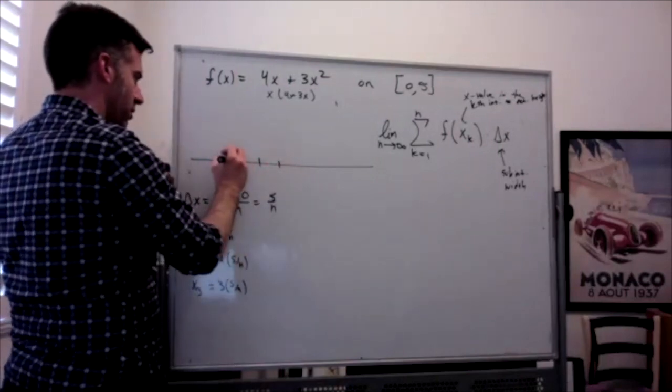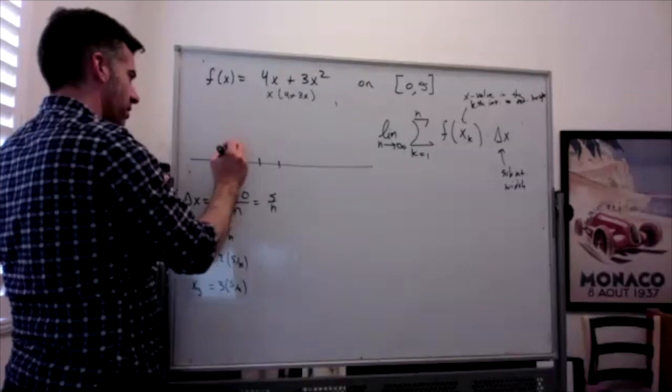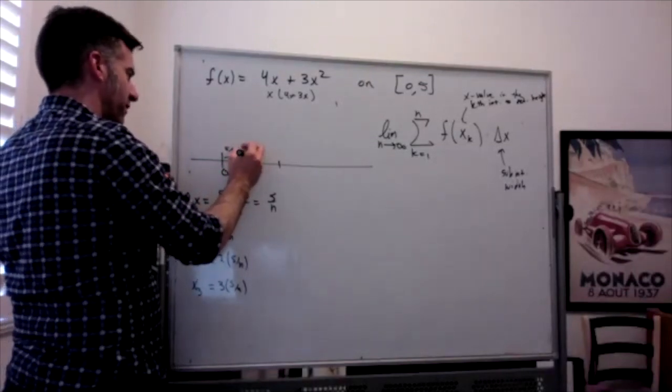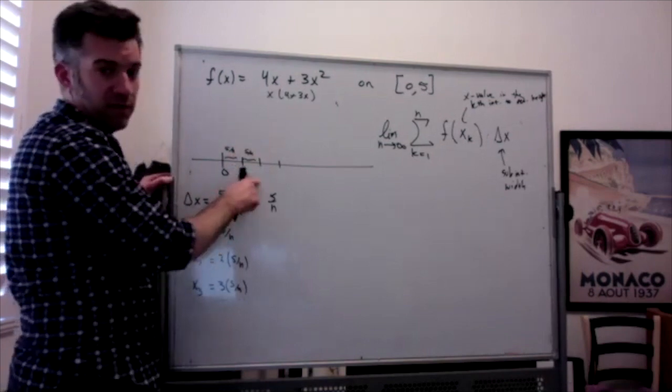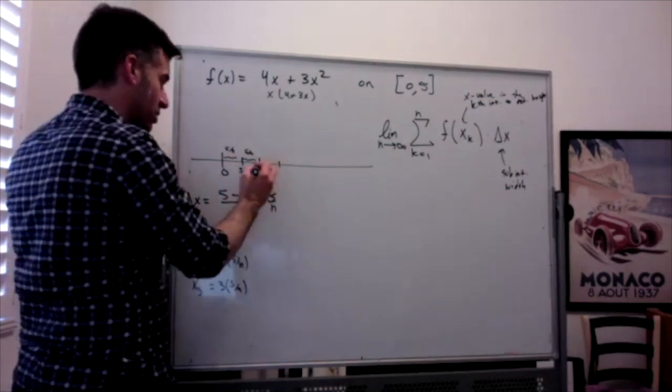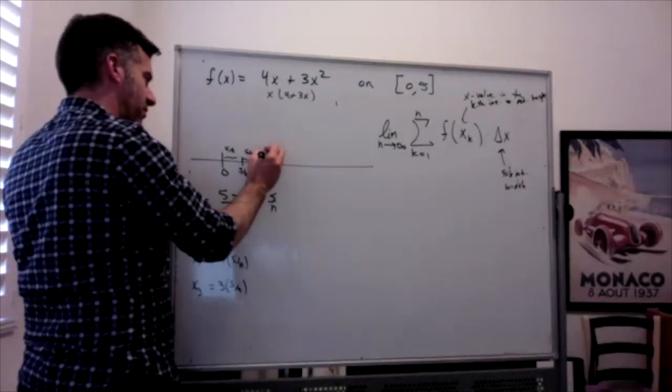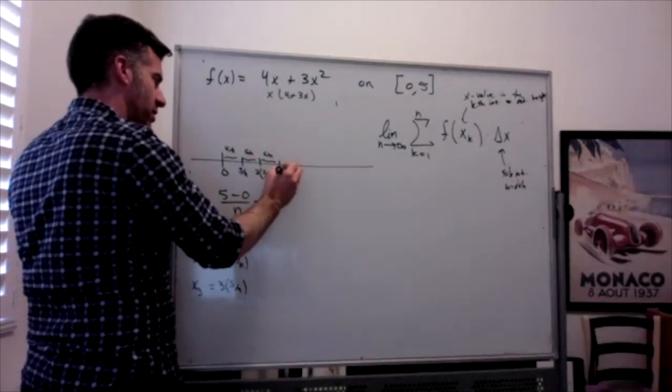This interval has a length of 5 over n. 0 plus 5 over n is 5 over n. This interval has a length of 5 over n. 5 over n plus 5 over n is 10 over n, or 2 times 5 over n. This interval has a length of 5 over n. That point's going to be 3 times 5 over n.